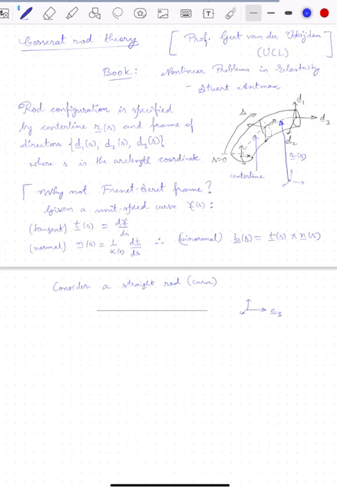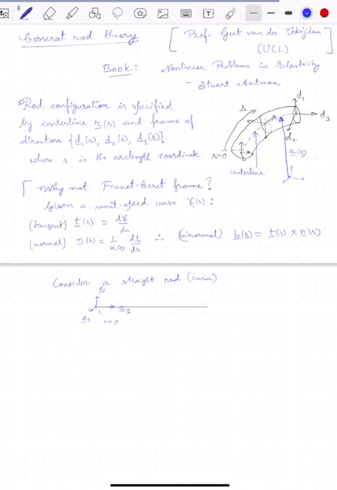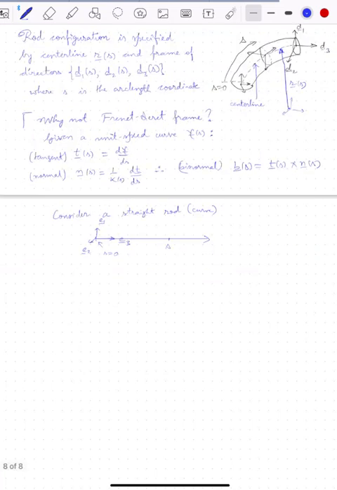Then we have E1, and then E2, following the right-hand coordinate system. We start from S equal to 0 at the origin, and then we just move along this line. Any position is S, until say S equal to L. So this is our straight rod.